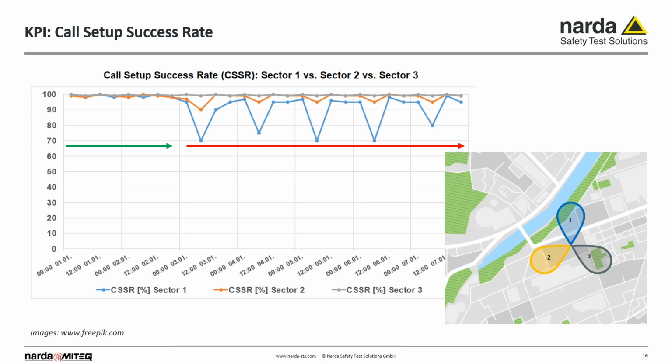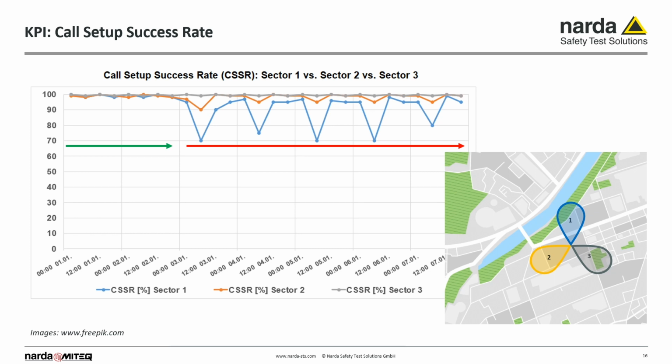In the shown example, we assume a base station with 3 antennas or 3 sectors. For each sector, the base station's OMC can provide the CSSR value, which usually reaches 100% or slightly less.